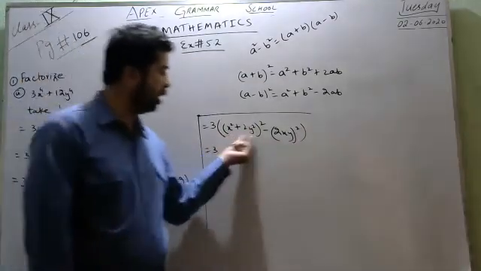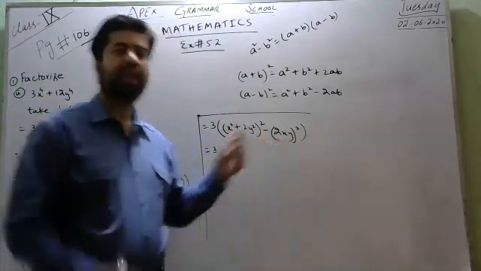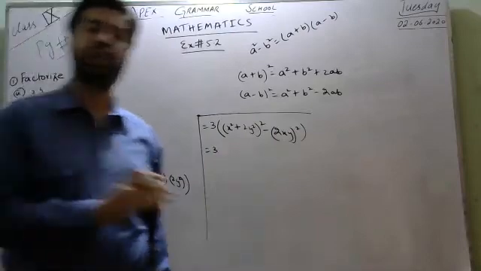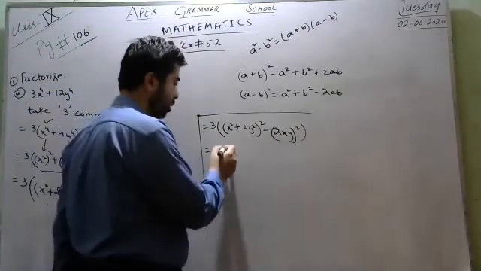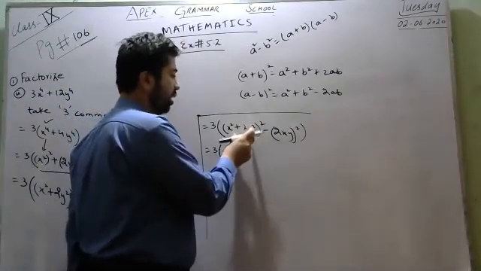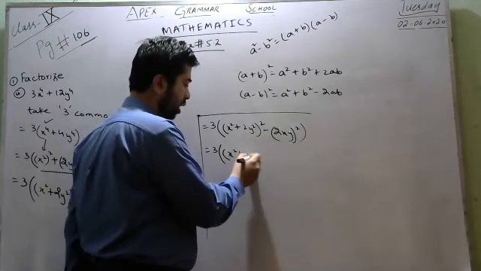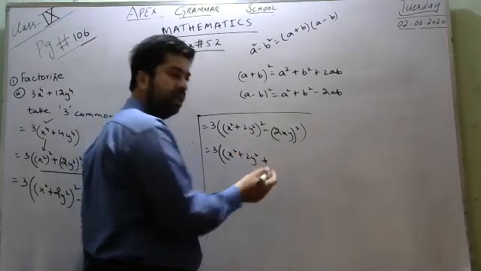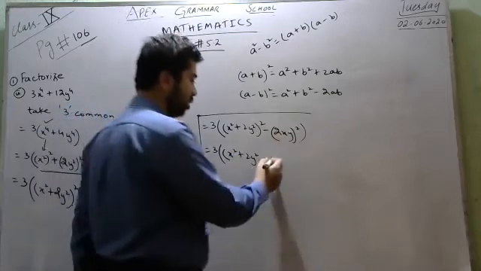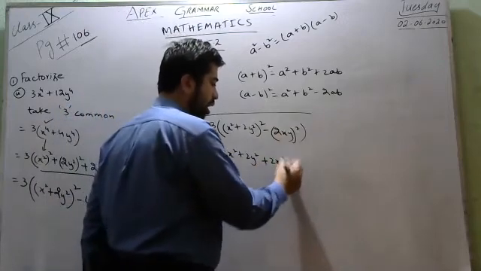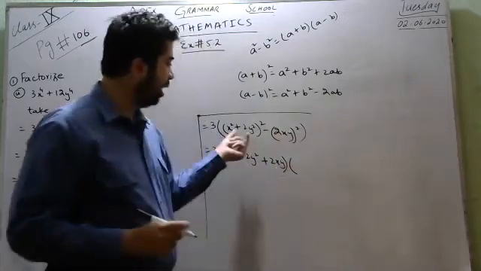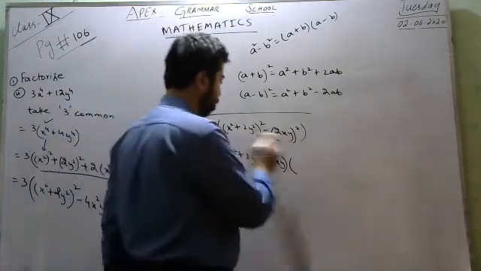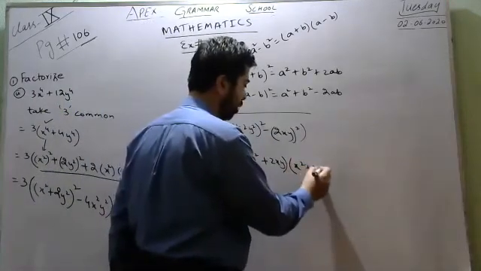Now this is a² − b². A² − b² is equal to (a + b)(a − b). Right. This is x² + 2y² plus b. The value of b here is 2xy. After that, again a minus b, because the value of a here is x² + 2y².